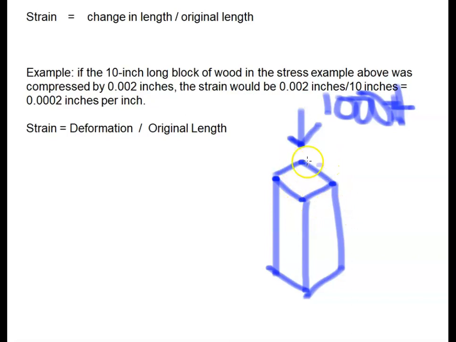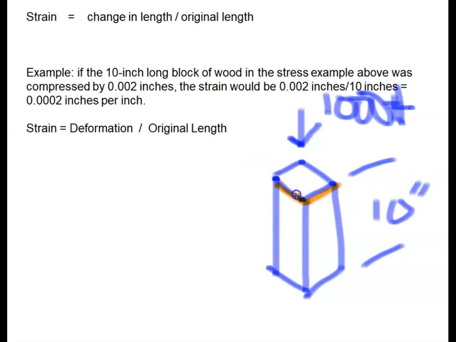Now we've established the amount of stress, the 250 pounds per square inch, with the 2 by 2. Now we don't care about that. Now we care about the 10 inches that has suddenly been crushed.